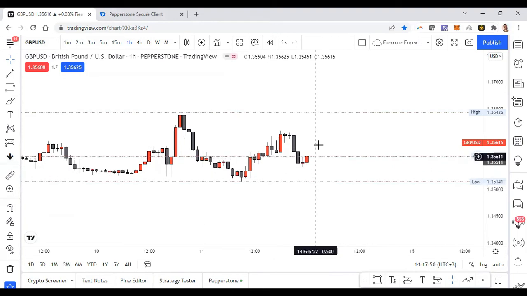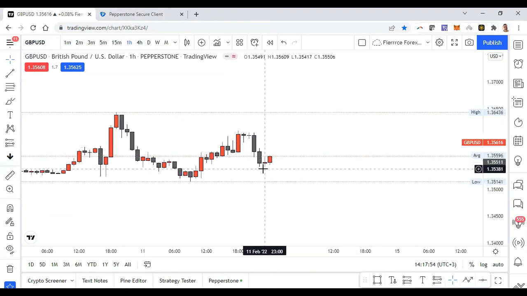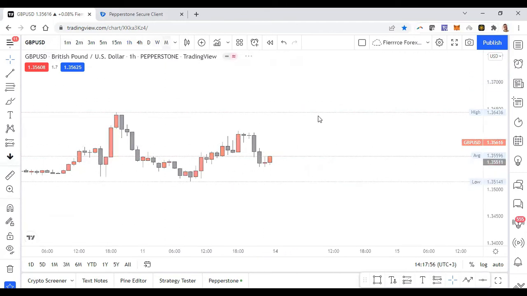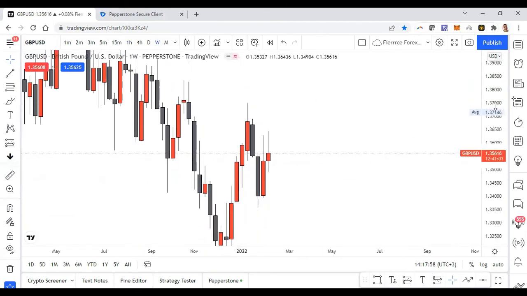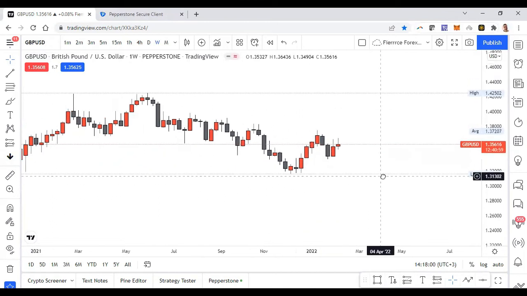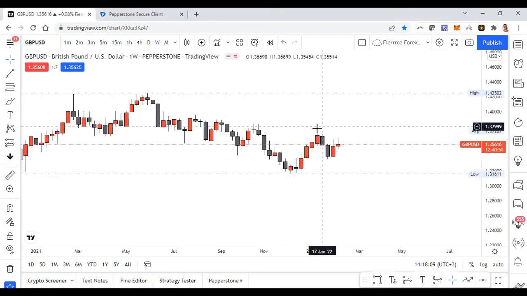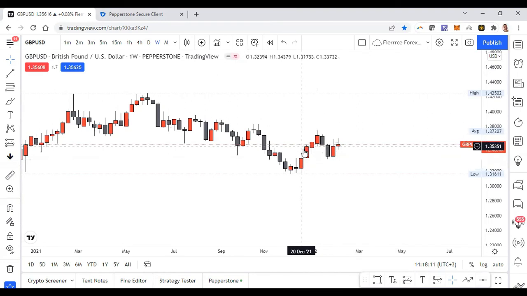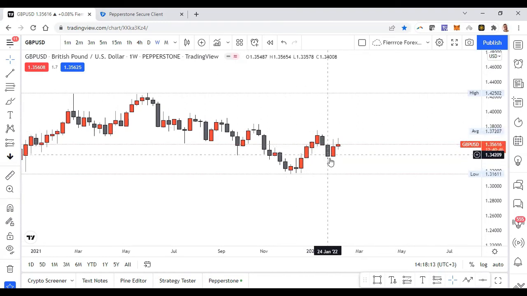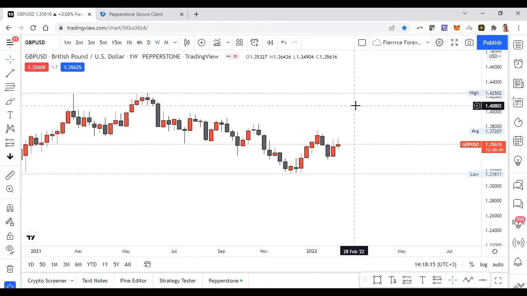So what we are seeing is GBPUSD is also looking okay. Let me start with the weekly time frame. On the weekly, GBPUSD dropped, took out liquidity, and then began to push up, broke structure there, then retraced back into that level, and is pushing up.